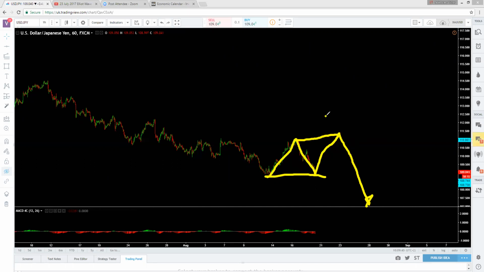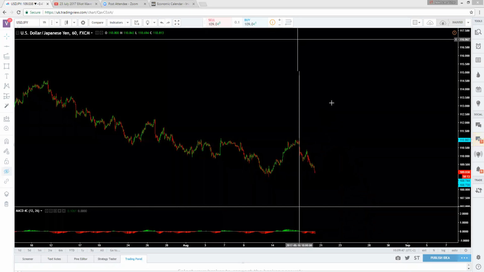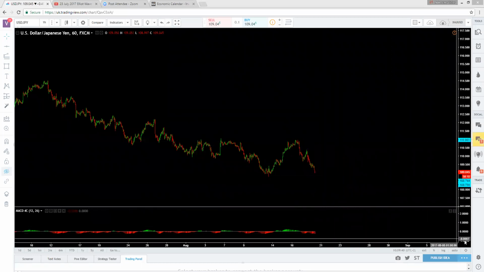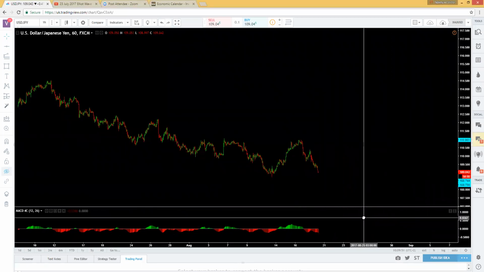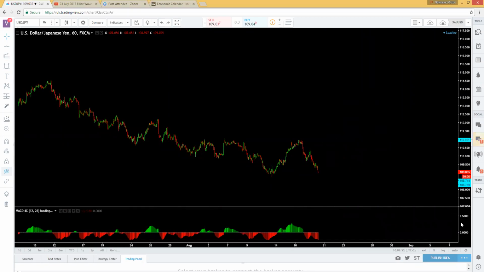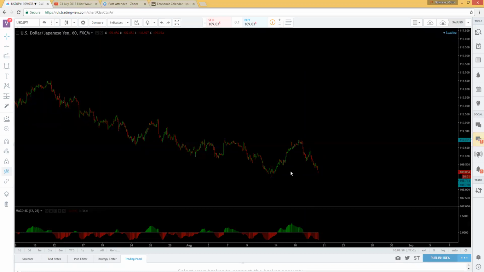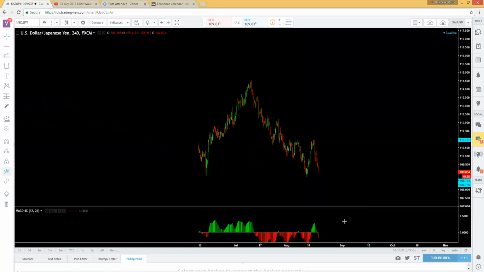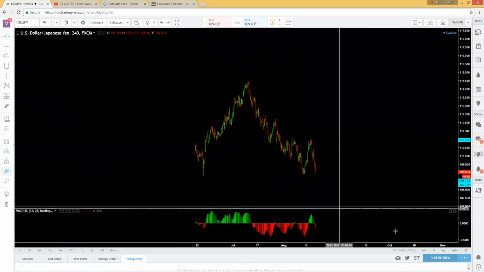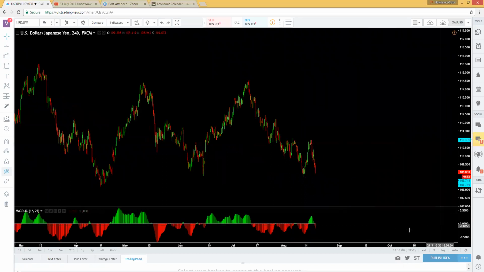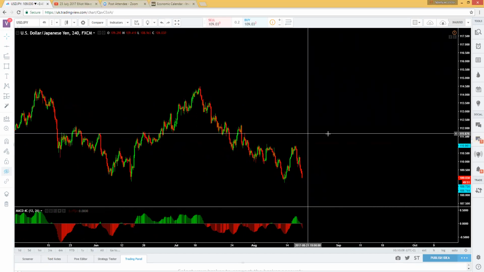So now what we just need to do is monitor price action to see if there's a reversal. The MACD on the 1 hour is not really showing anything, but if you go to the 4 hour again, just look at the MACD indicator to see the strength of the trend. Look at the MACD on the 4 hour chart.